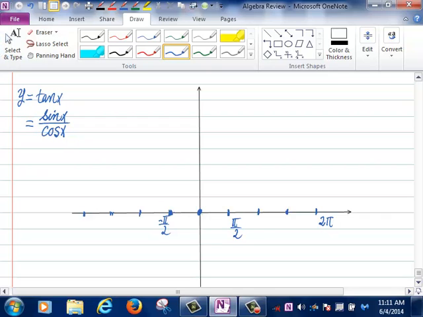Now, you have cosine in the denominator, right? So cosine could be 0. When is cosine 0? Cosine is 0 at pi over 2, right? And so the tangent graph will have a vertical asymptote at pi over 2. Okay? Same thing happens at negative pi over 2. So let me draw that.